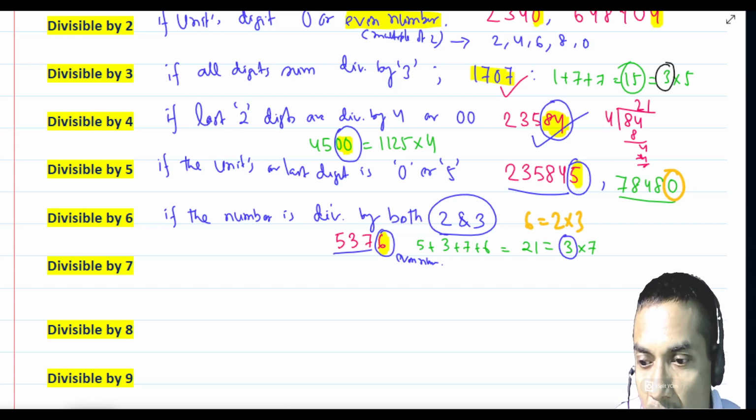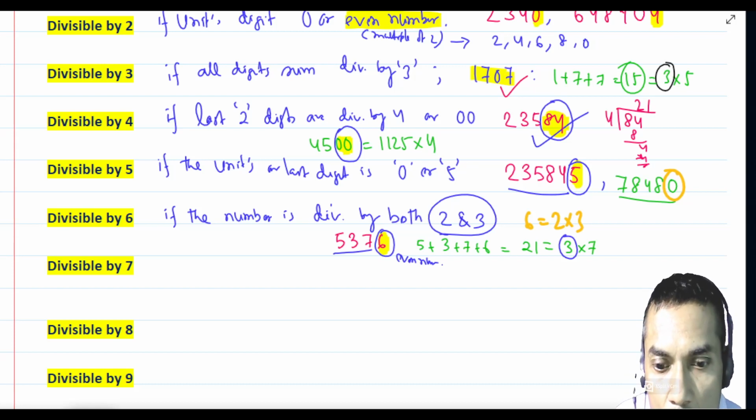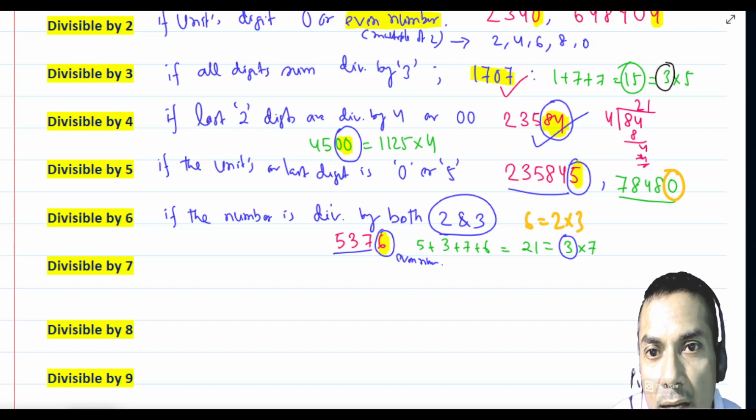For example, let's consider a number, 6272, divided by 7.